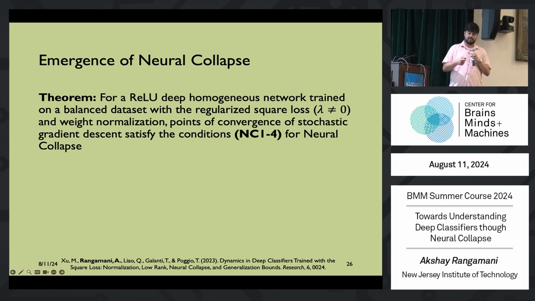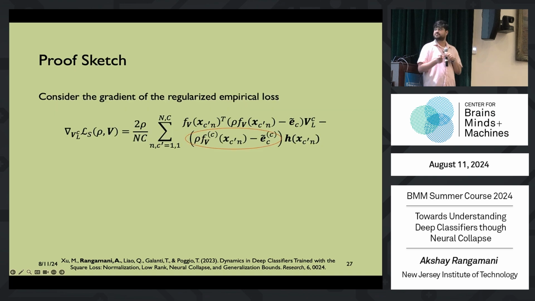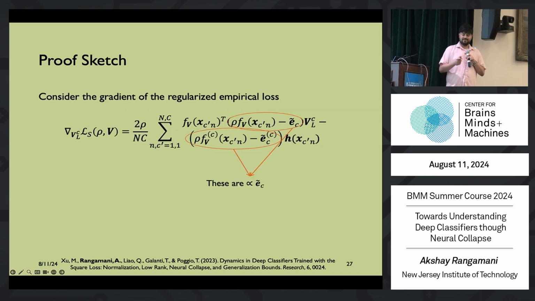Okay, so using the lemma that the outputs are correlated with the labels, you can show the emergence of neural collapse. If you train a ReLU homogeneous deep network on a balanced data set with regularization and using the normalized network, then the points of convergence satisfy the conditions of neural collapse. Once again, I'll do a quick sketch of this.